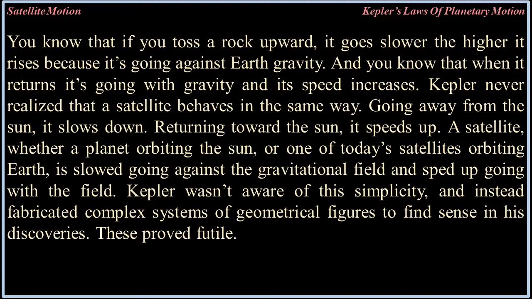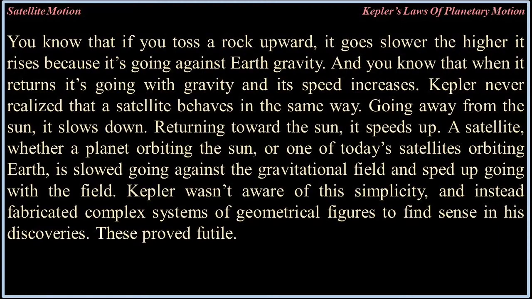You know that if you toss a rock upward, it goes slower the higher it rises because it's going against Earth's gravity. And you know that when it returns, it's going with gravity and its speed increases. Kepler never realized that a satellite behaves in the same way. Going away from the sun, it slows down. Returning towards the sun, it speeds up.